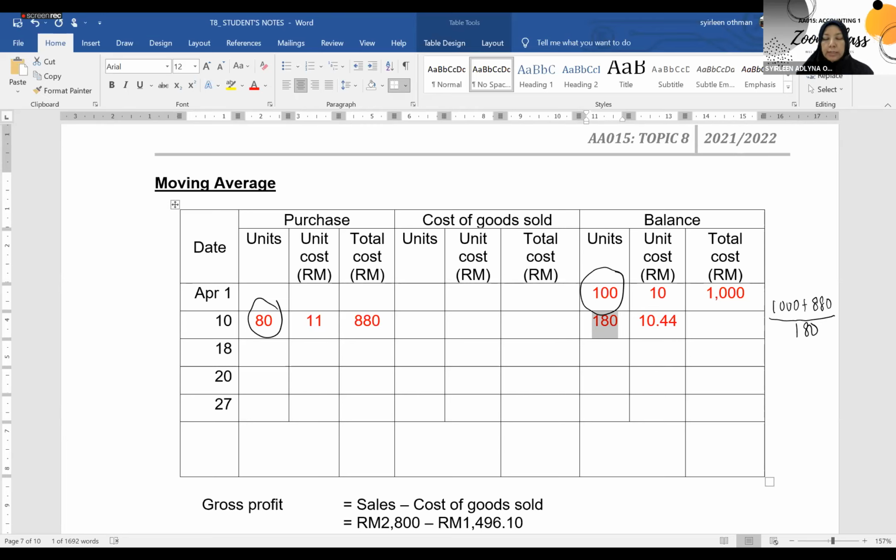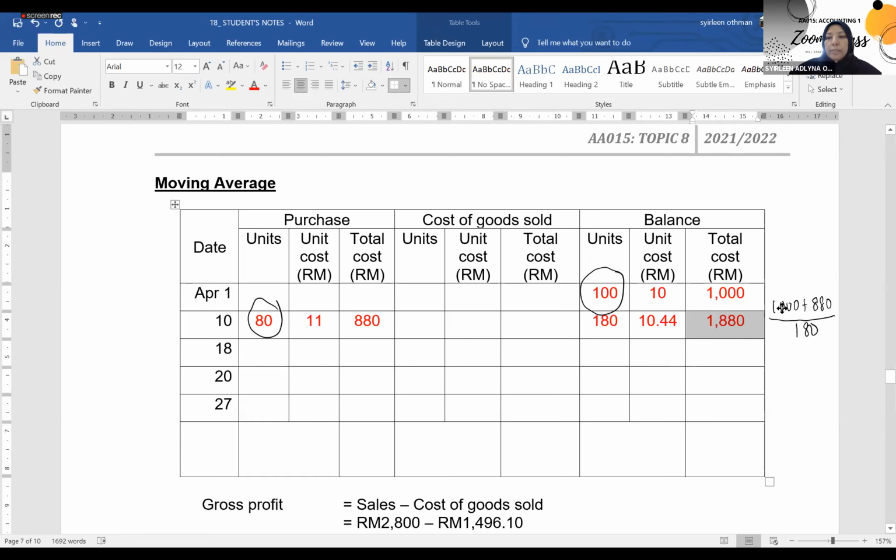You jangan nak round up, you kena round off lah. Dia bundarkan sama seperti you belajar matematik, kecuali soalan cakap lain. Alright. So you tengok dalam calculator it's 10.444444. So my costing will be RM10.44. Bolehkah? Jadi jumlah dekat sini ialah 1880.